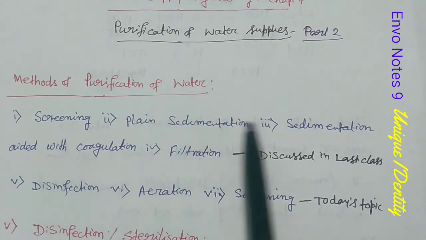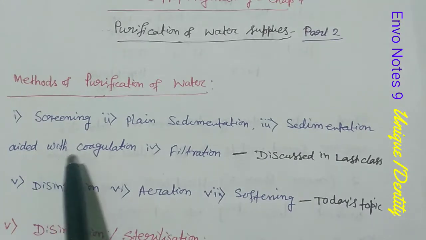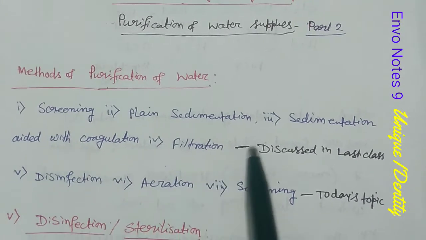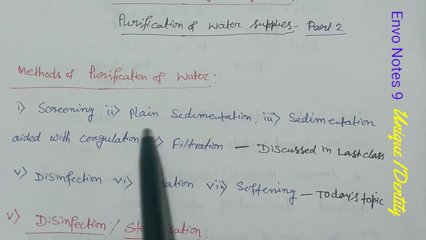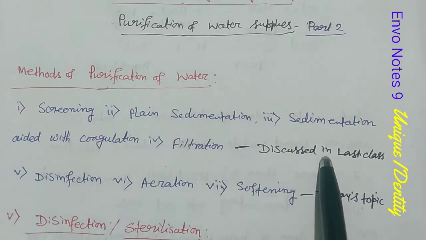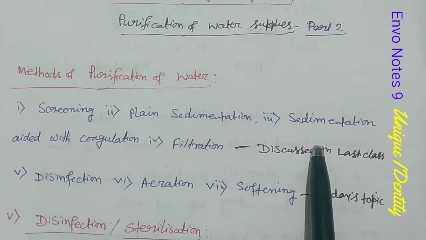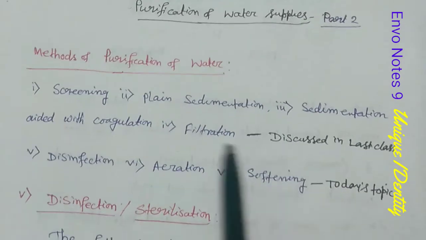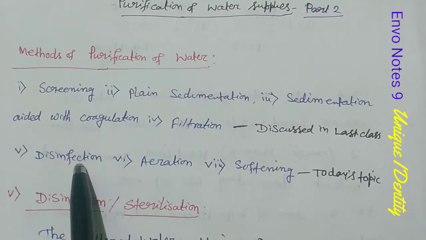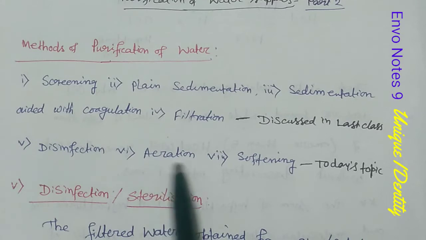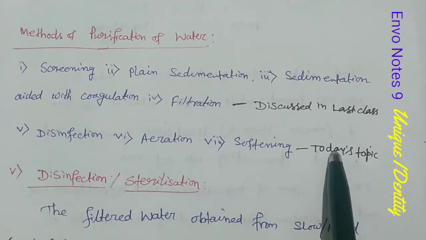Screening, plain sedimentation, sedimentation aided with coagulation, and filtration. These topics were discussed in my last class, so if you have not seen it, please see it. Today I will discuss disinfection, aeration and softening. That will be today's topic.